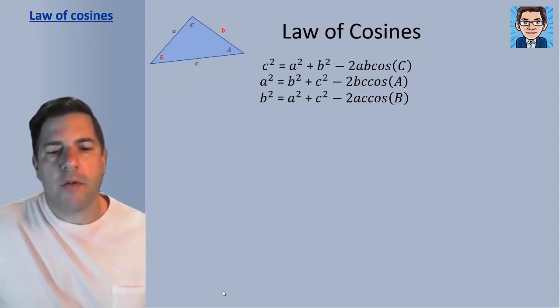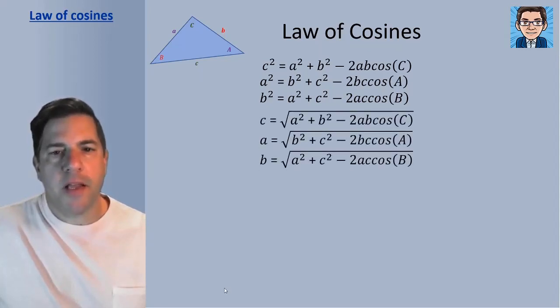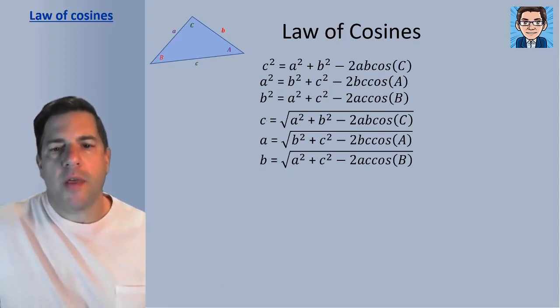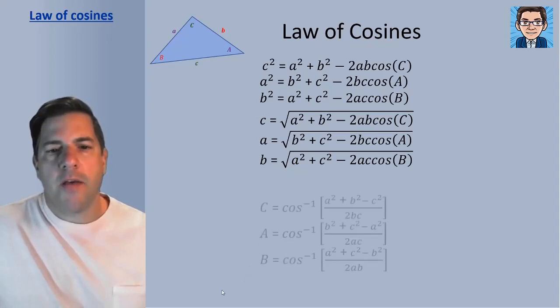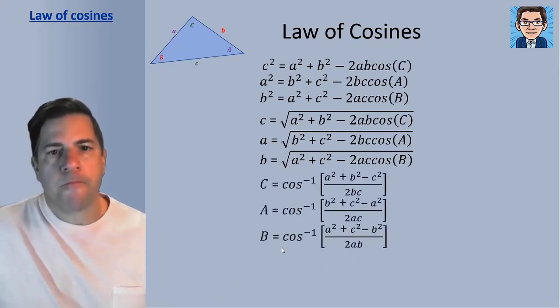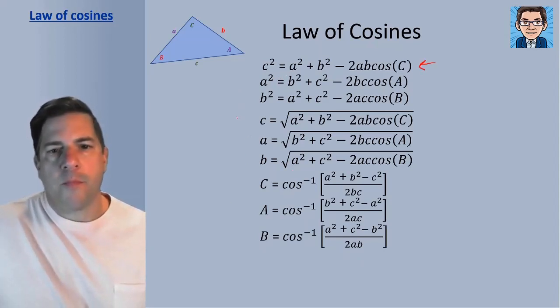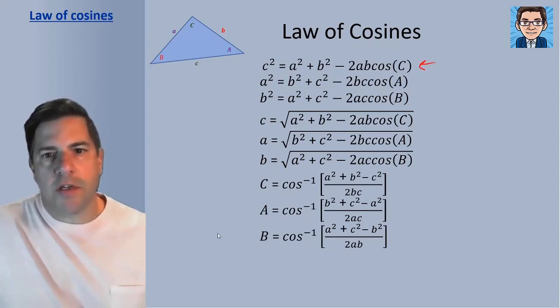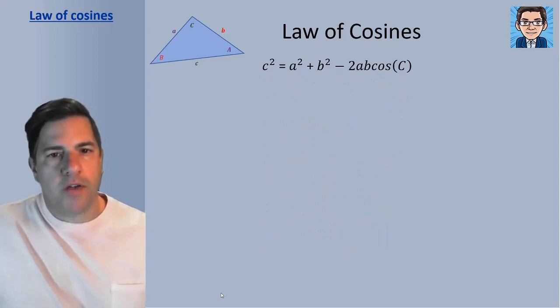So they solve for a, b, and c by taking the square root, so you've got three more equations. And then, what if we want to know the angle? So they solve for the angle in each of these, and they get three more equations. We are not going to use all 9 of these equations. We are just going to use this one equation and be able to use it for any situation, as long as we think about what needs to be a, b, and c in each situation. We can just use the one equation and make it much simpler.